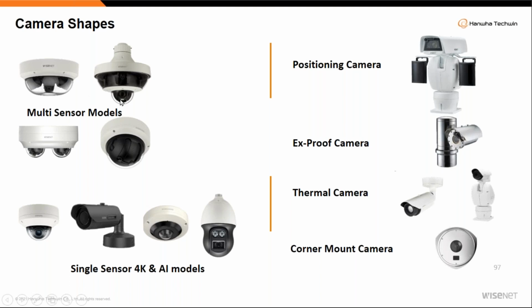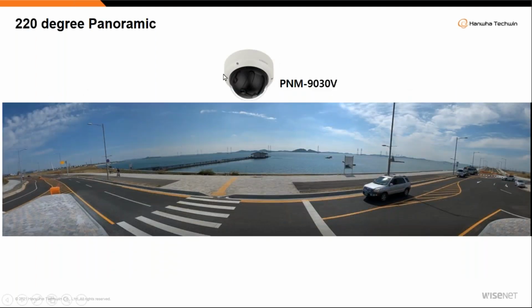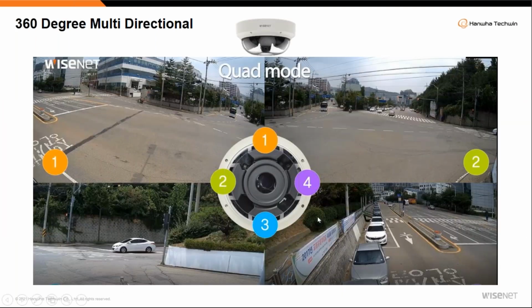And also if you require license with some VMS, they also need only one license per camera. So it's beneficial in many ways. Of course, there is also the downside. If one cable gets cut, all four cameras become offline. Okay. Now the types of multi-sensor cameras are panoramic, four cameras, they stitch and give you a single image. Then you have multi-direction, four cameras looking at four different directions, but it is mounted on a single pole.